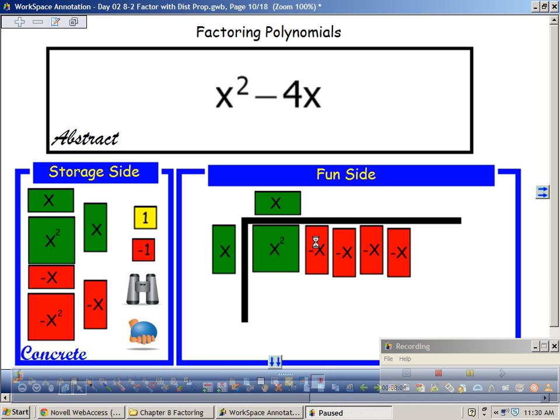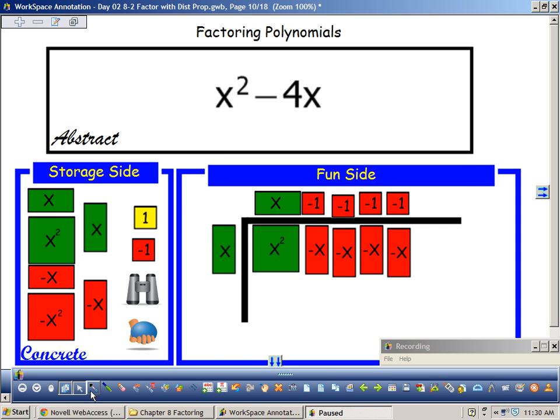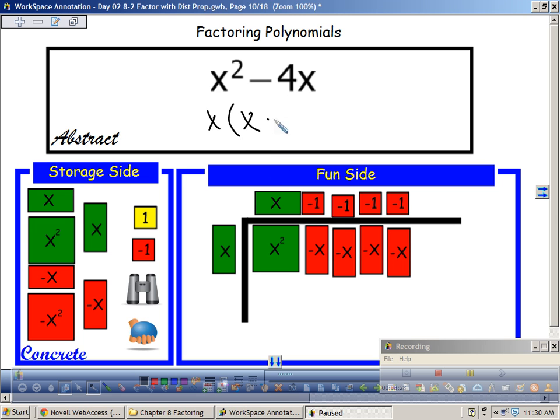And x times what makes a negative x? Negative 1, and a negative 1, and a negative 1, and a negative 1. So if I were to completely factor this polynomial, it would say x times the quantity x minus 4.